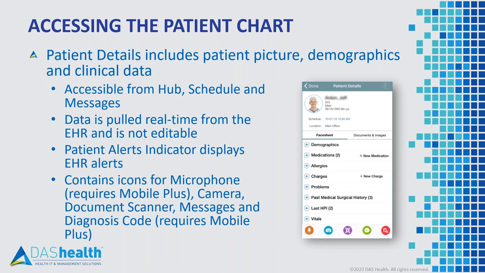The data listed here is pulled in real time from the EHR. I did want to point out that, with some exceptions, most of this is not editable. It's really just a view-only mode, for example allergies, to quickly pop in and see that information. There are some caveats to that we'll go over later. This allows the latest and most accurate information to be shown, both in the mobile app and the EHR.